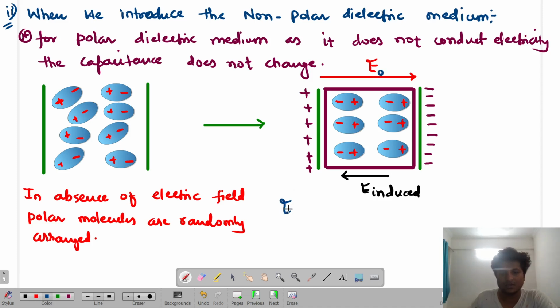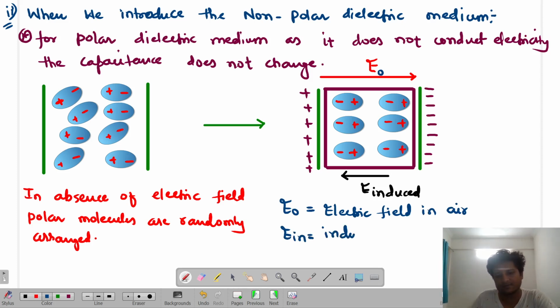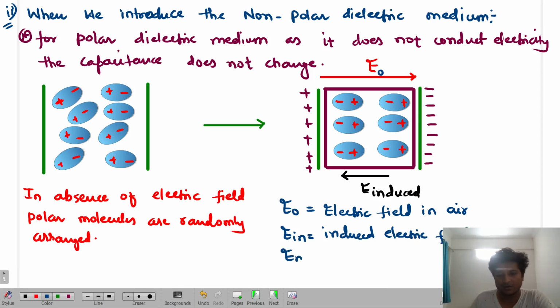E naught is the electric field in air. E induced is the induced electric field. Is that clear? And then I'll have E net, that is the net electric field. Are you able to get me?